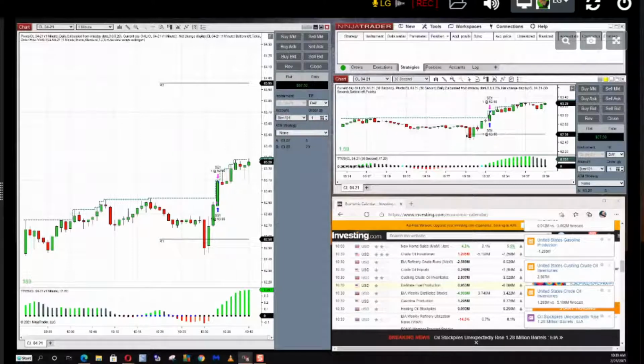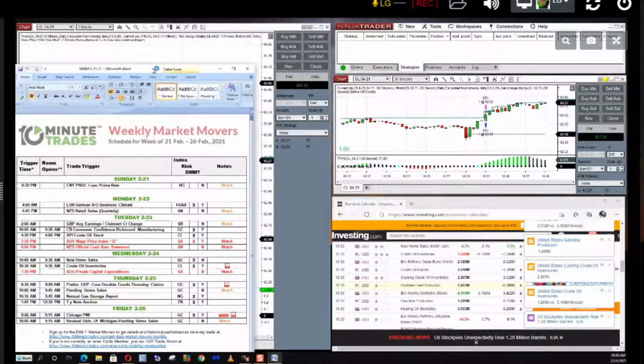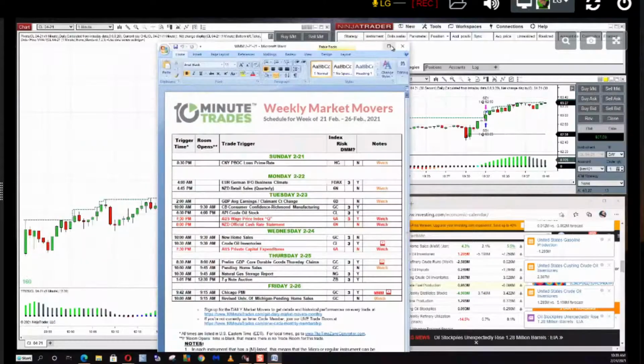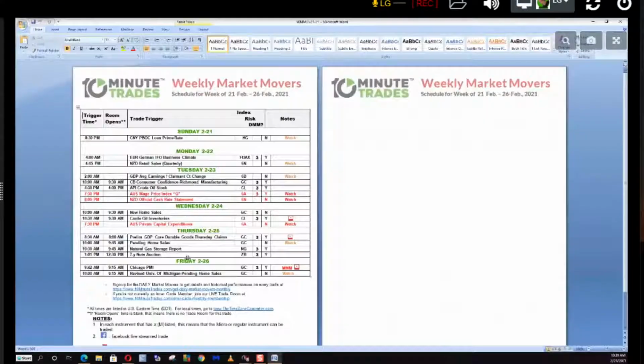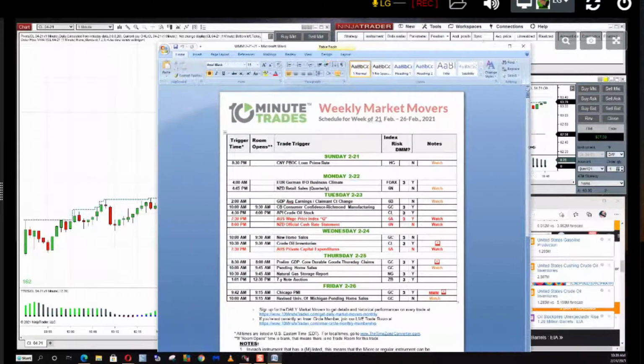Tomorrow's schedule. Tomorrow's kind of interesting. I'll tell you why. Tomorrow we've got preliminary GDP with the Thursday jobs.